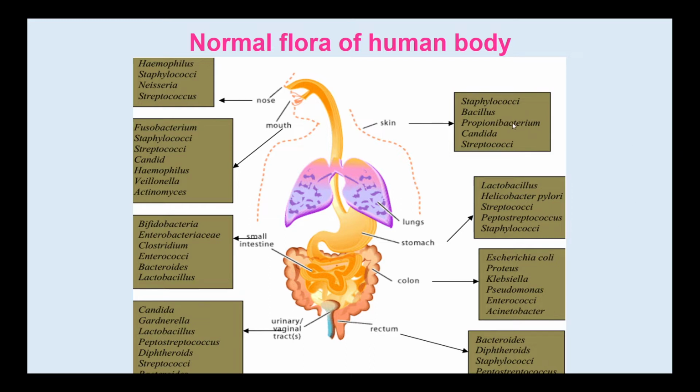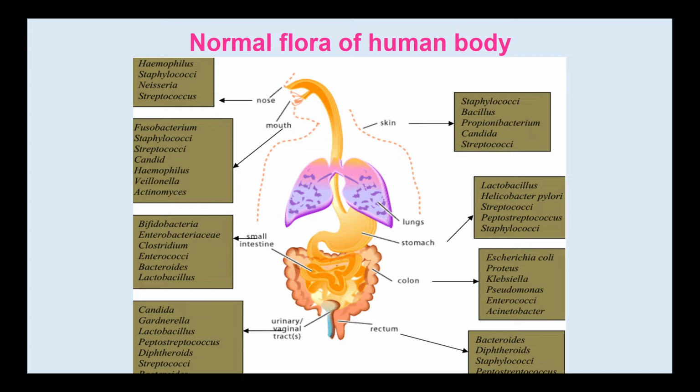For example, Staphylococcus, Bacillus, Propionibacterium, Candida, Streptococcus, sometimes Diphtheroids. That's why, as you can see on this slide, a big amount of bacteria, a big range of genera and species, are present in different sites and biotopes of the human organism.